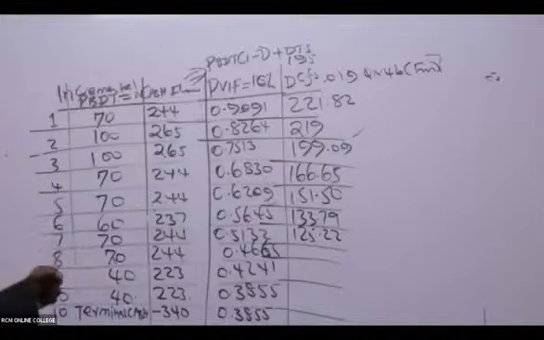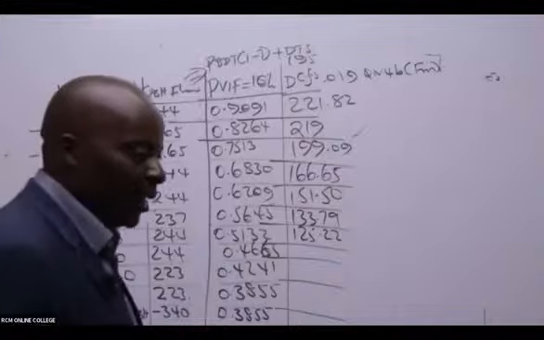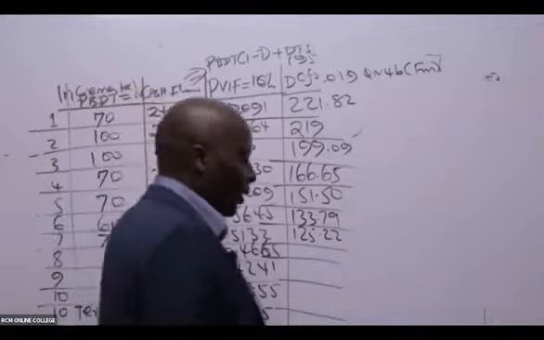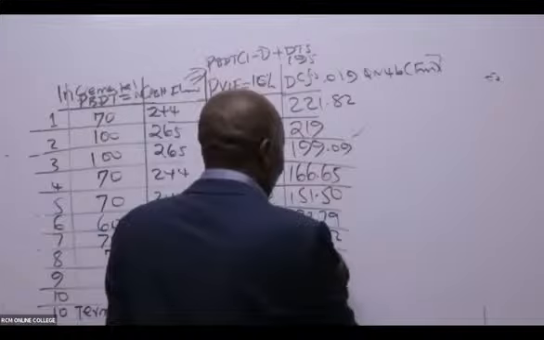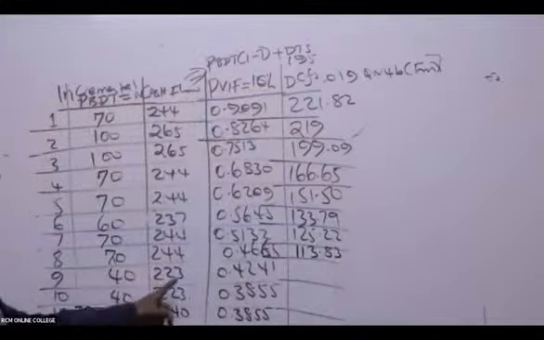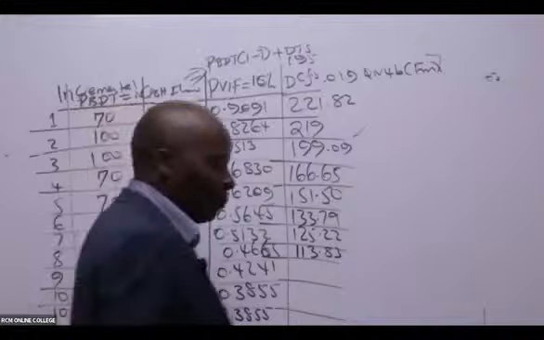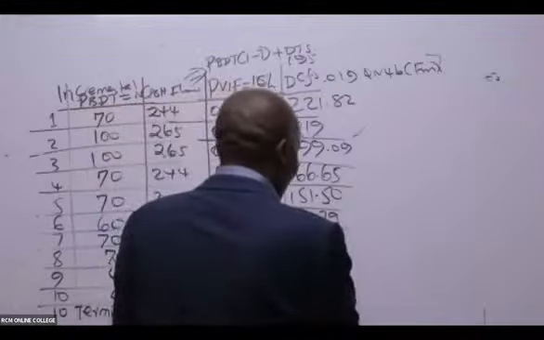I'm so excited. Year number 8, 244 times this, so we have here 113.83. Then we go to 223 times 0.4241, which gives 94.57.